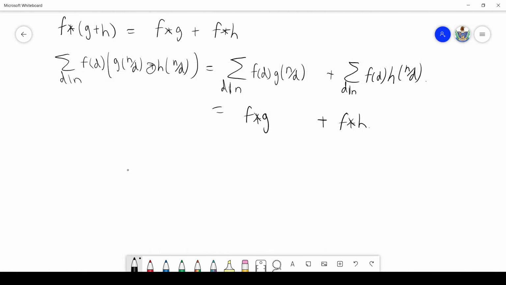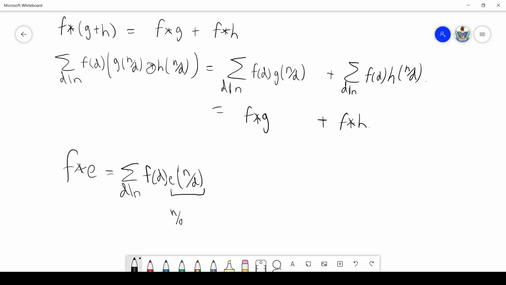Now we want to show, again, as I said, that E of n serves as an identity. So let's just consider f convoluted with E. This is going to be a sum over divisors of n, f of d, sorry, not g, but e, E of n over d. And since E is 0 except at 1, it's only going to be non-zero when n over d is 1.